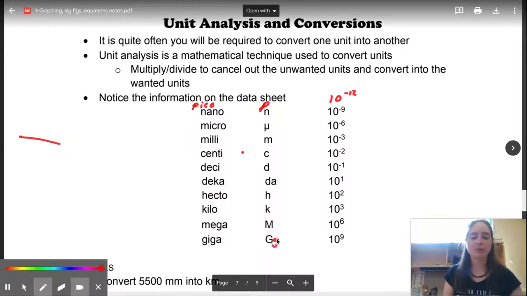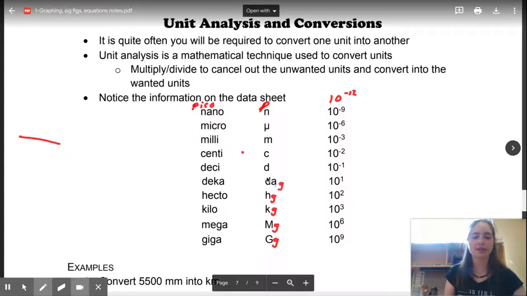So you can imagine a little gram after each of these: a kilogram, a hectogram, a decagram, okay? Whatever, centigram, milligram, microgram, whatever. Then on this side, you would have a regular gram, okay?